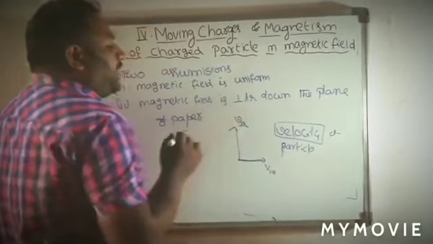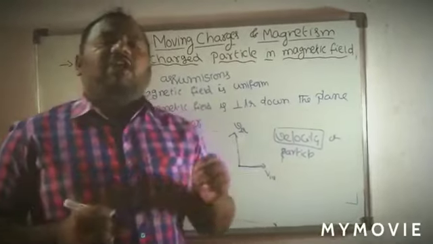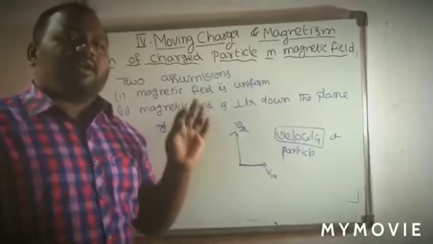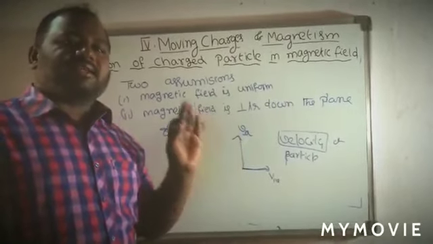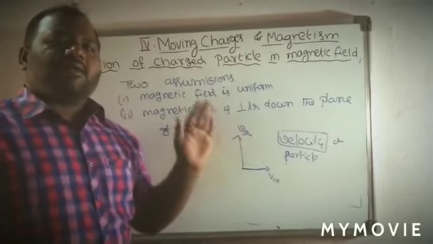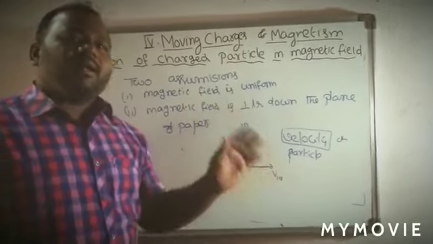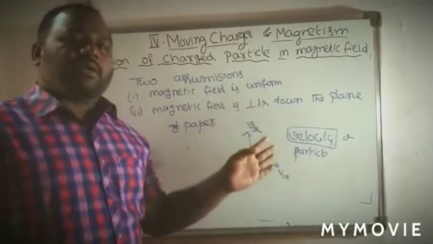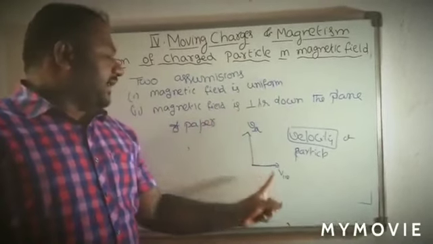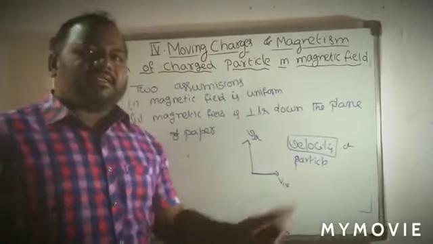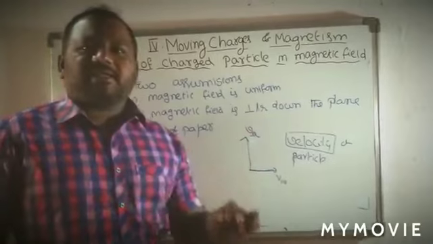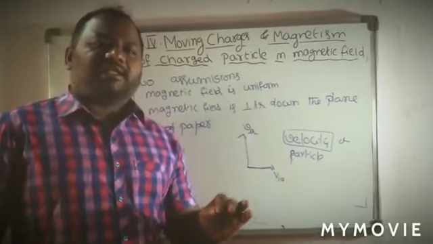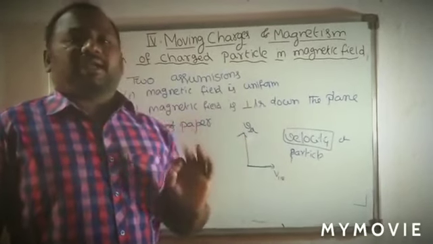Now, the motion of the charged particle is nothing but the velocity of the charged particle. So the velocity has two components, one parallel and one perpendicular. The parallel component means the velocity component is parallel to the magnetic field, and the perpendicular component means the velocity of the charged particle is perpendicular to the magnetic field.